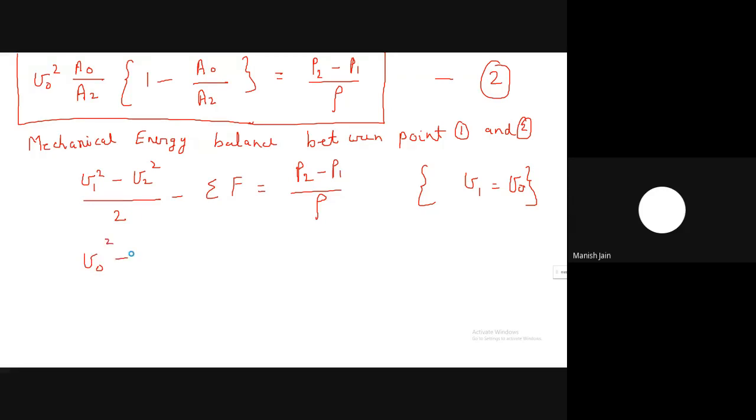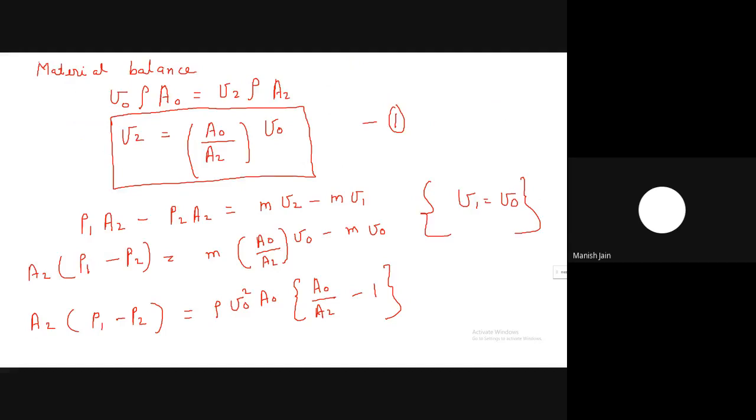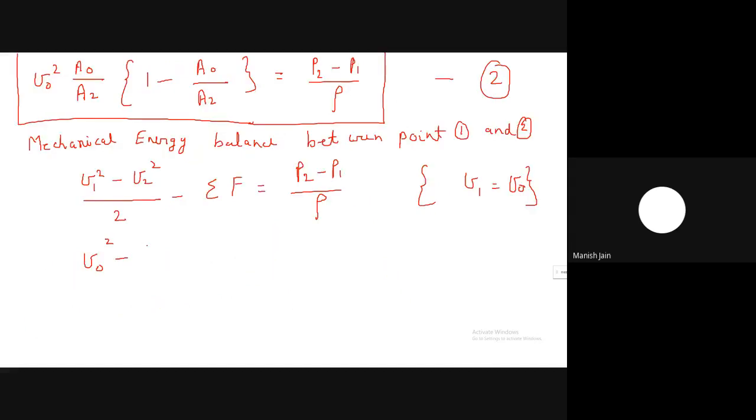In place of V2 you can use A0 by A2 multiplied by V0, so V0 square multiplied by (A0 by A2) square, divided by 2, now minus sigma f, that should be equal to this quantity, right?